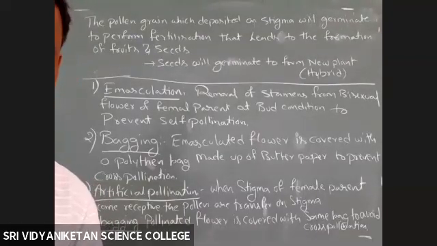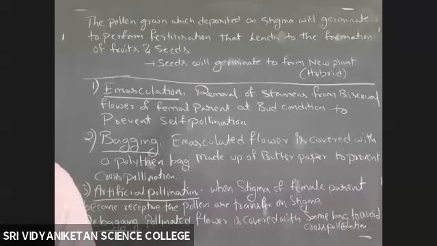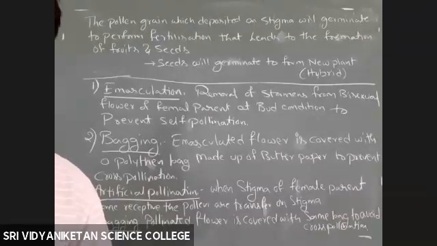Sucrose solution is used for artificial pollen germination because pollen needs food substances. That food is provided in the form of a sucrose solution as a medium for pollen germination. Okay, any more doubts?